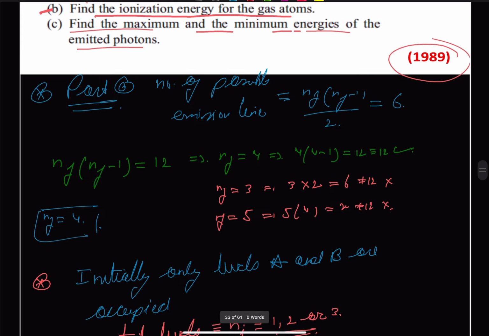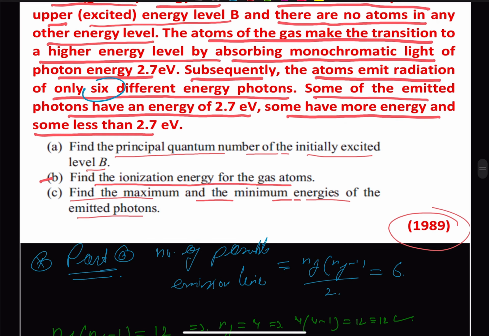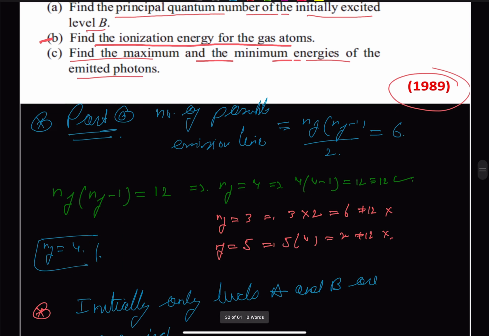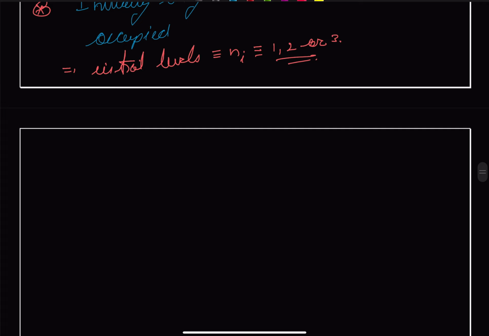We are also given that the difference in the transition is 2.7 electron volt. So we can say that the absorption photon energy, let us suppose that is represented as E photon.